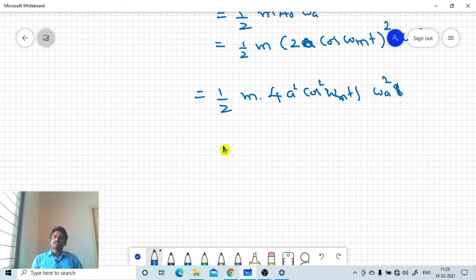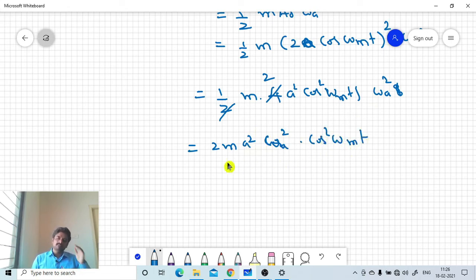This is the value. So now this 4 and this 2, finally we will get 2m a square cos square omega m t. Can I write here first of all, that the value is omega a square into cos square omega m t.